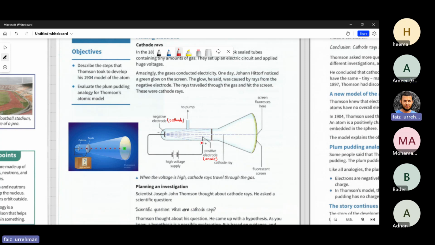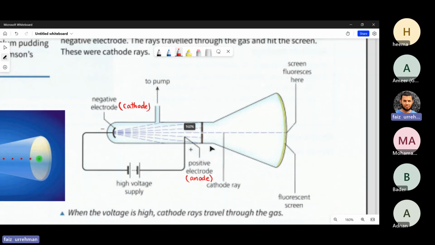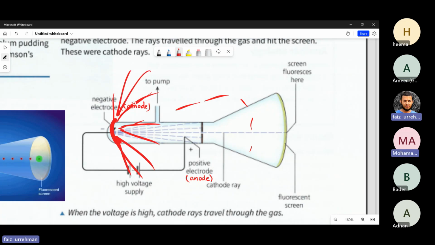Ali is not understanding this thing. When you give too much electricity, high voltage to this electrode, what will it do? It will release electrons in all the directions. But since this is a pipe structure, those electrons that are going above get bounced back inside.